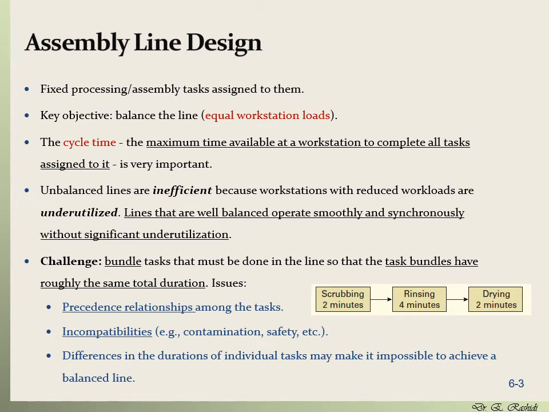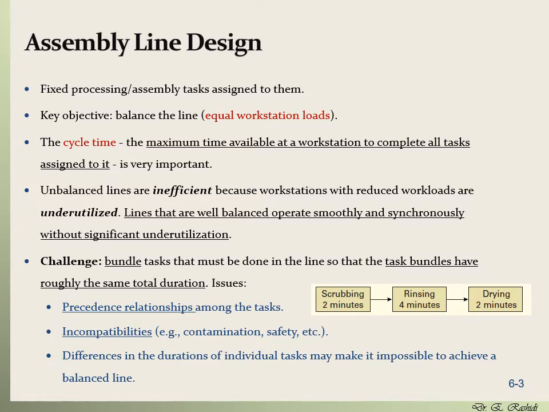Those that have reduced workloads compared to others are underutilized; they have, for example, idle times, while the other workstations that are maxed out have to work all the time. It's not fair either to assign labor to work at such a workstation. On the other hand, lines that are well balanced operate smoothly, synchronously, and efficiently, with high utilization without any significant underutilization.